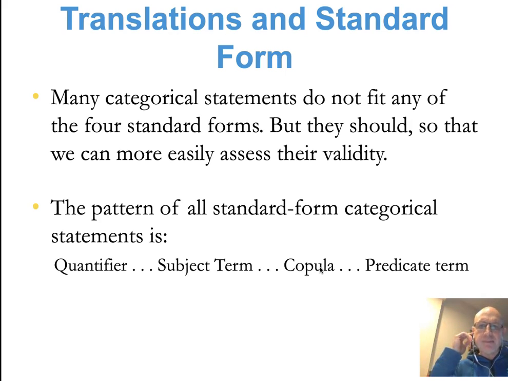Many categorical statements do not fit any of the standard forms, but they should, so that we can more easily address their validity. The pattern of all standard form categorical statements is quantifier, subject term, copula, predicate term. So quantifier, A, E, I, O, subject term, copula, that's your joining verb, are or is, and then your predicate term.